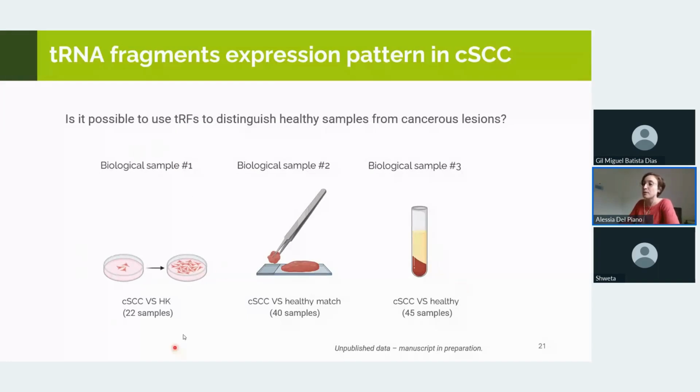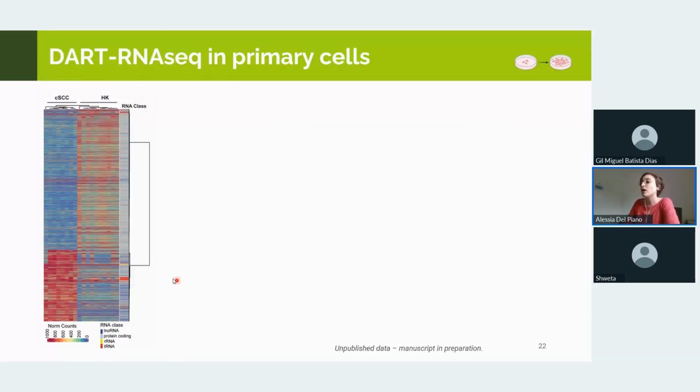So starting from the primary cells, we performed our tRNA-seq library. And with PROC, we identified at least 2 clusters of RNA fragments that were able to separate the healthy keratinocytes from the CSCC samples.